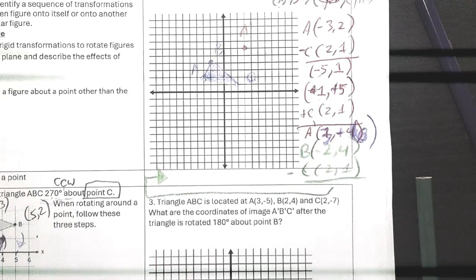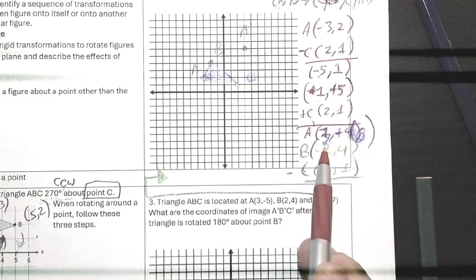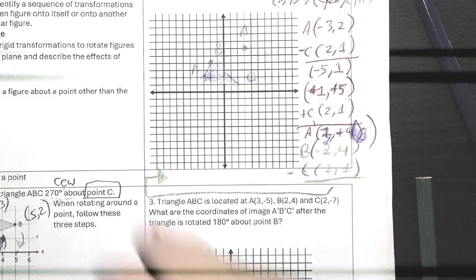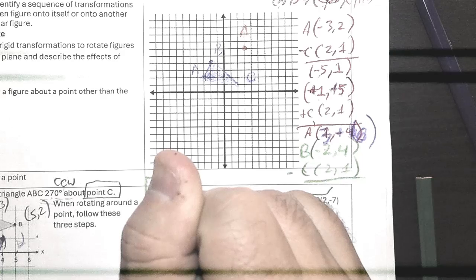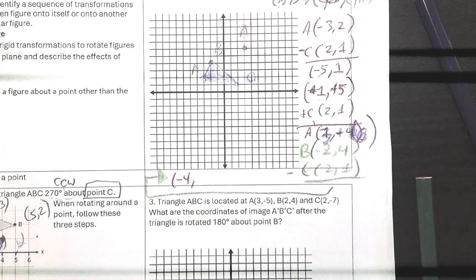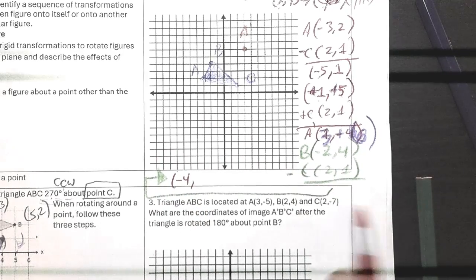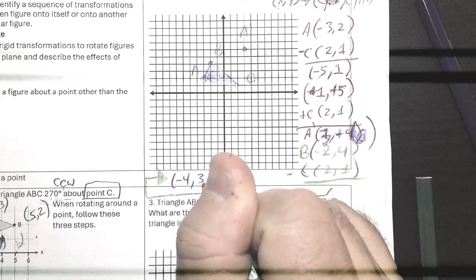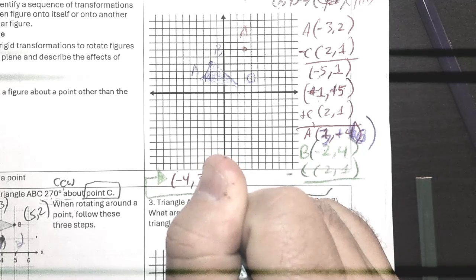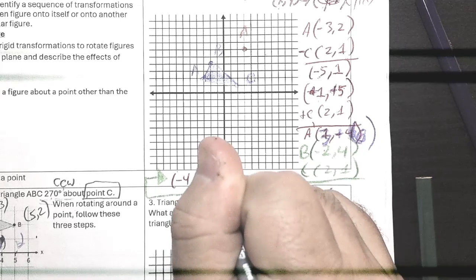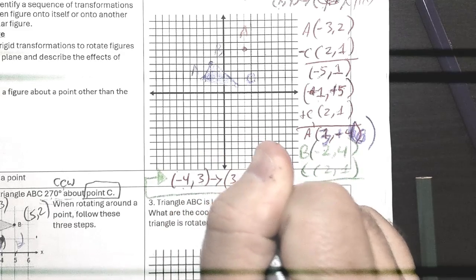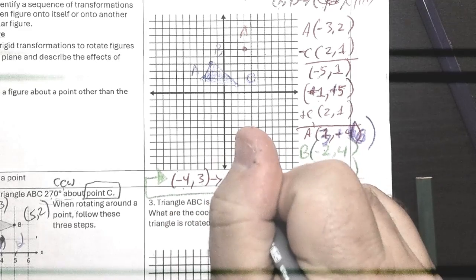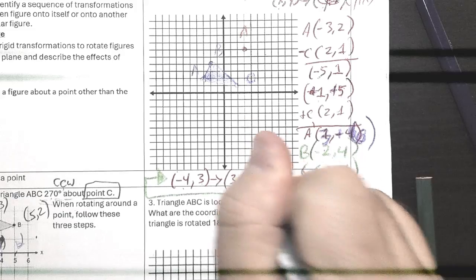So -2 minus 2 is -4. Let me just make sure. Yes. Okay. And then 4 minus 1 is positive 3. So x comma y becomes y, so 3 comma negative x. So negative 4 becomes positive 4.